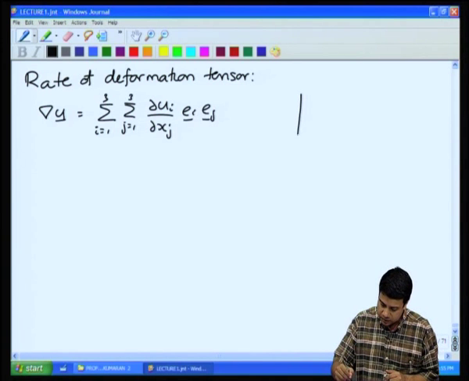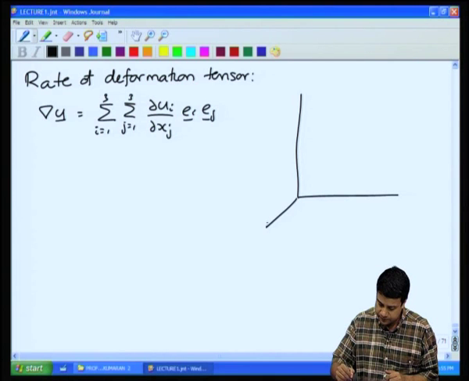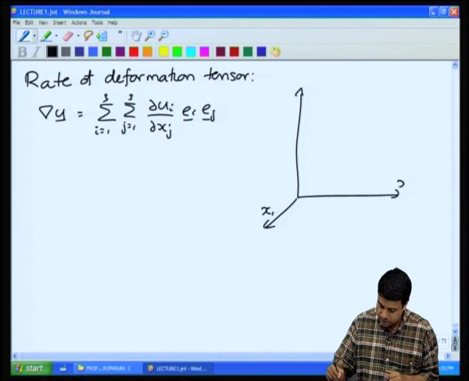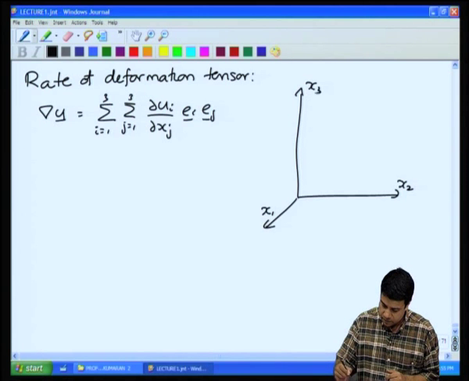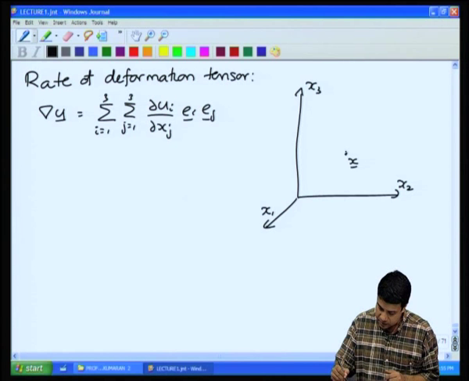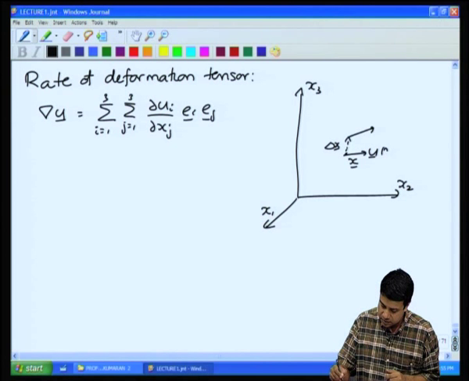So, at a given point in the fluid, if I am at a location x and I go a small distance delta x to some new location, I have a velocity at x and this is the velocity at x plus delta x.